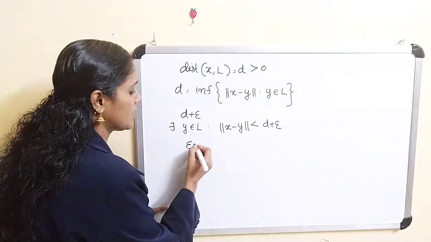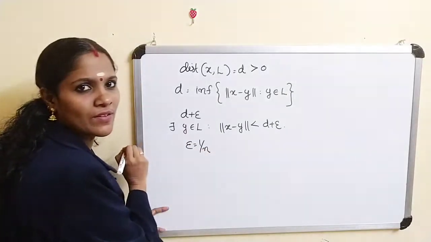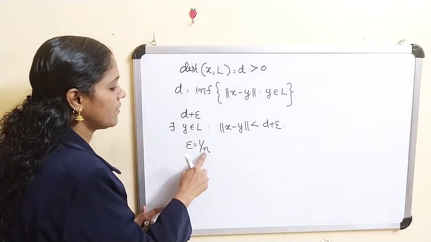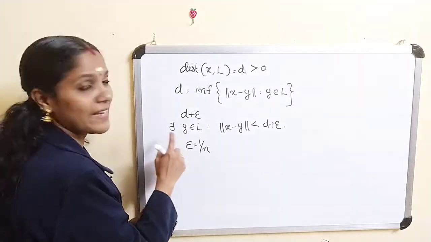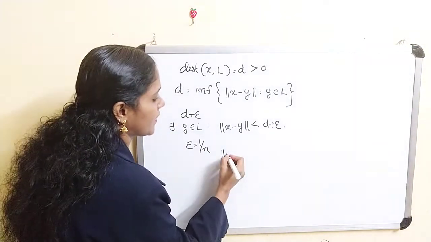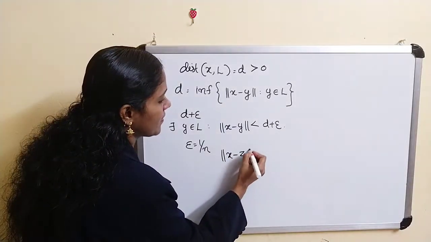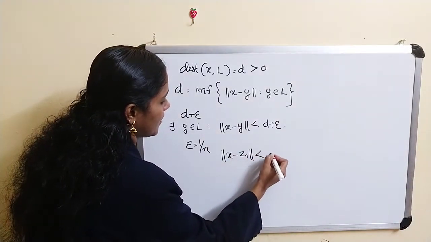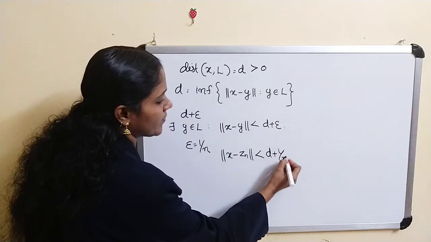You choose epsilon equal to 1 by n. For this n there exists a zn such that norm of x minus zn is less than d plus 1 by n.